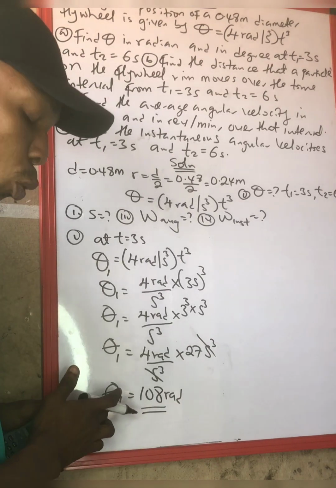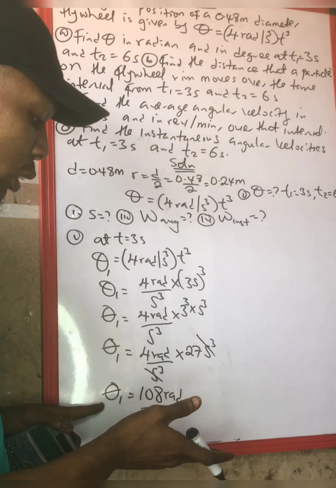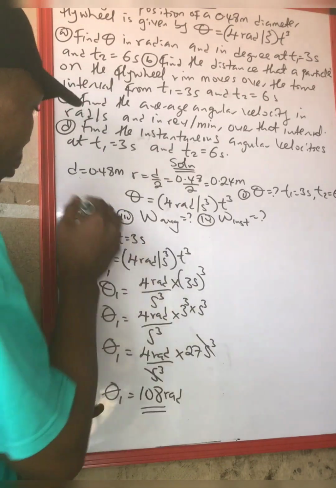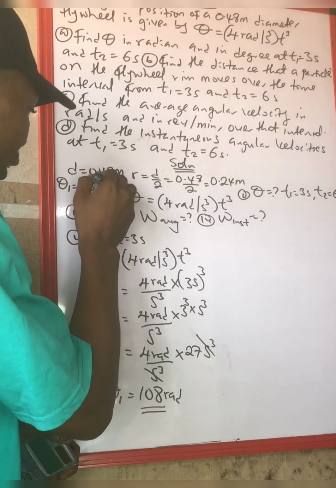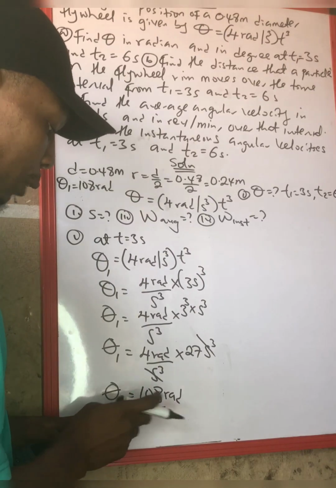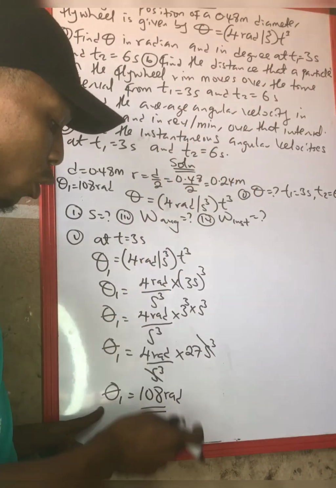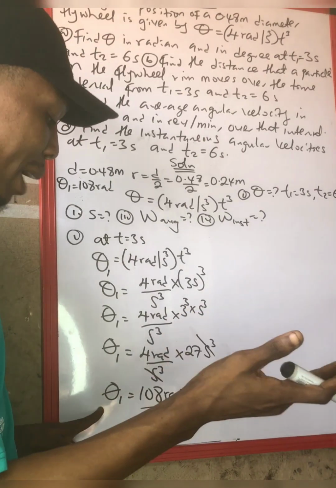We are also asked to convert it to degree. It's already in rad. Now this time around, we got our theta 1 to be 108 rad because we are still going to need this. To convert to degree is very easy. I've told you before, whenever you are converting from radian to degree, you multiply by 360 and divide by 2 pi.